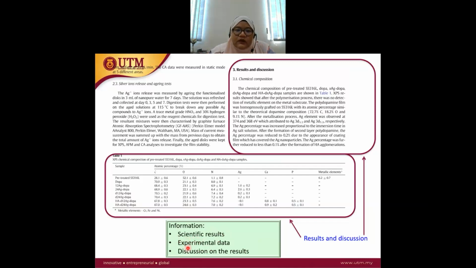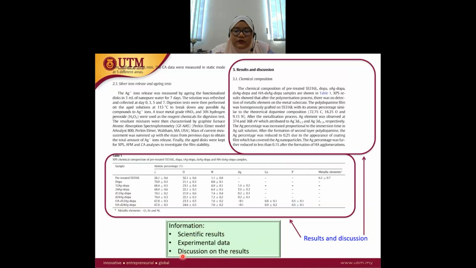Scientific results, you must differentiate from the experimental data, because the experimental data has so much information, and the researcher must translate it into tables and figures. That one you can get the information from.